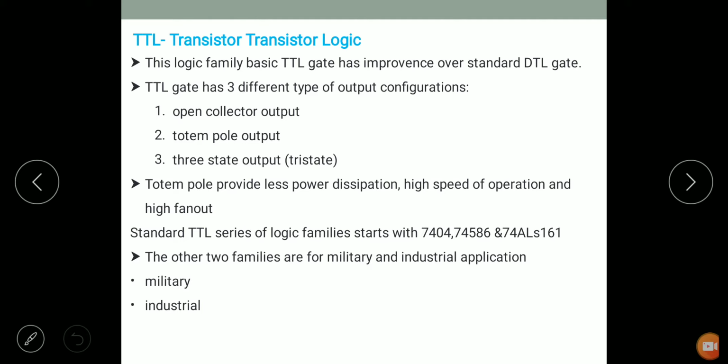Then TTL uses only transistors as the main elements. TTL has become the most popular family in SSI, that is small scale integration, and MSI, that is medium scale integration chips.